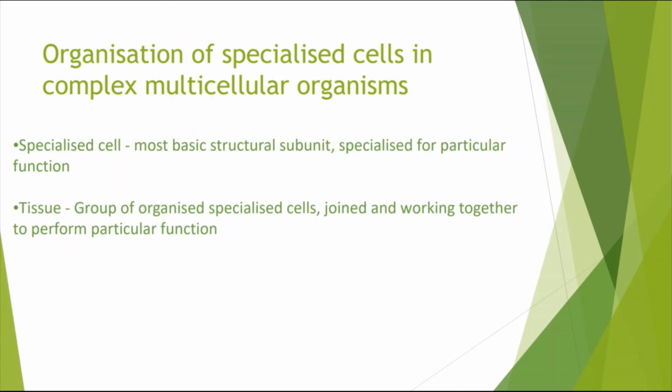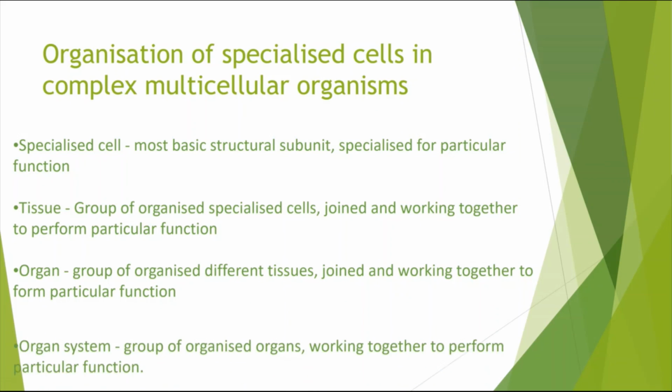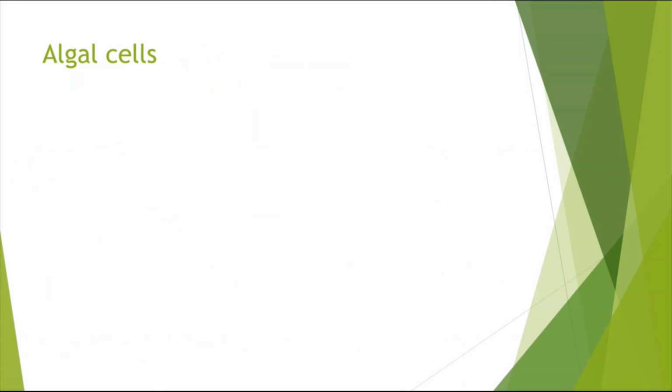And then a group of organized specialized cells forms a tissue when it joins, and they work together to perform a particular function. And then after that, organ. So that's a group of organized different tissues which are joined and work together to perform a particular function. And then after that is the organ system, which is a group of organized organs working together to perform a particular function.